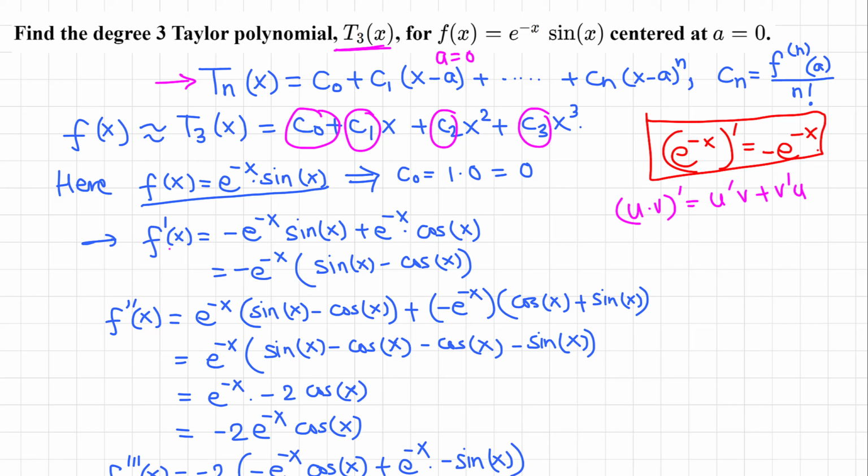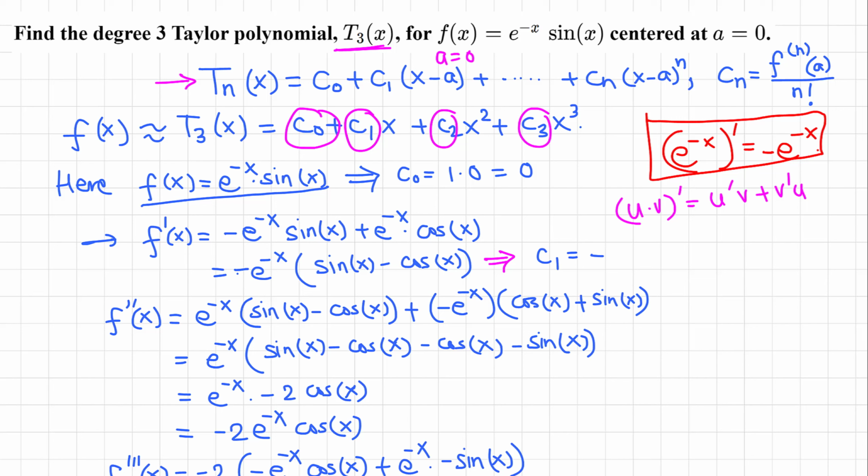Now we have the first derivative, so from this one we can find c1. This is the first derivative, evaluated at 0, so replace x by 0. After I did this product rule, I factored negative e to the negative x out, just simplifying.